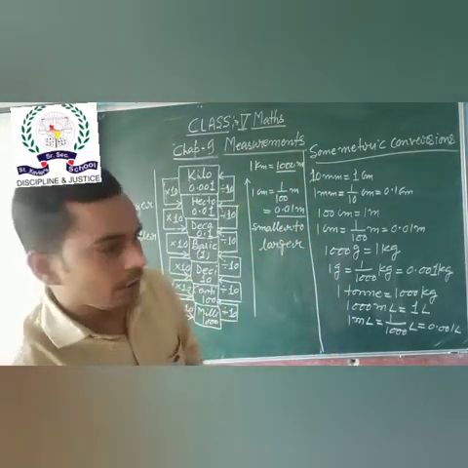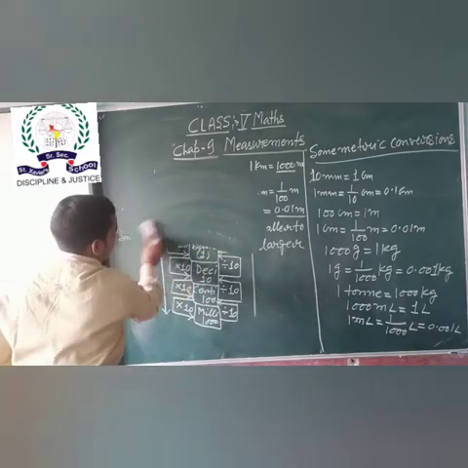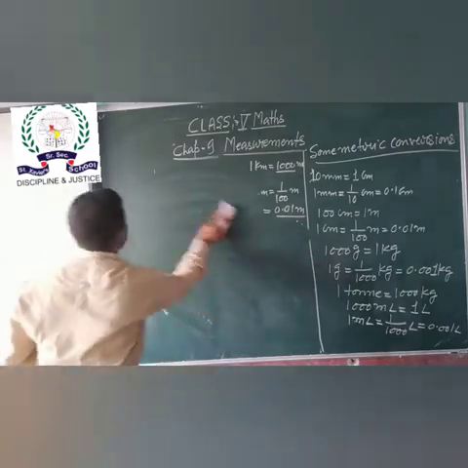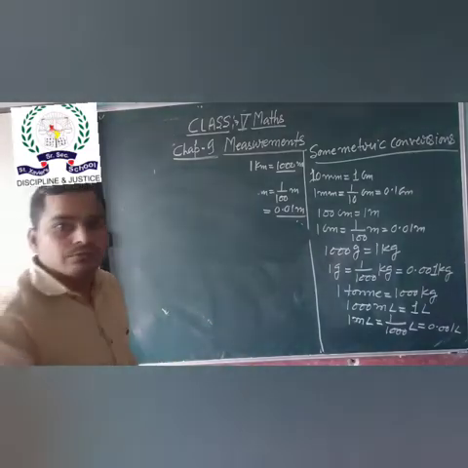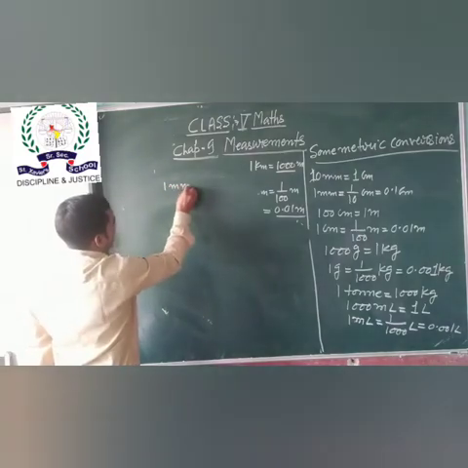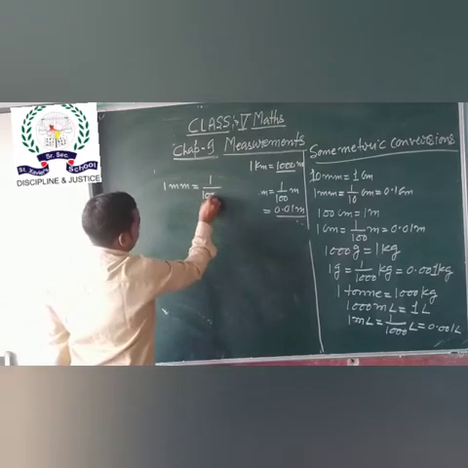1 millimeter equal how many meters? 1 millimeter equal 1 upon 1000 meter.